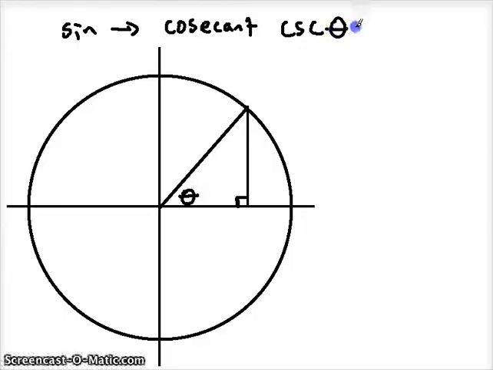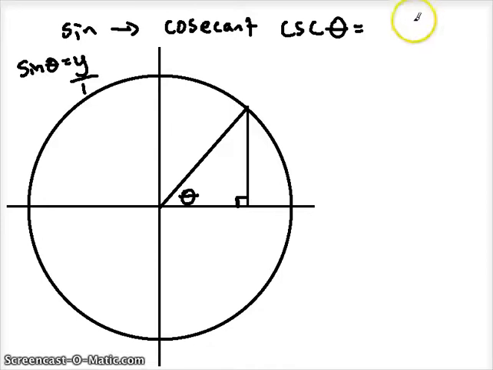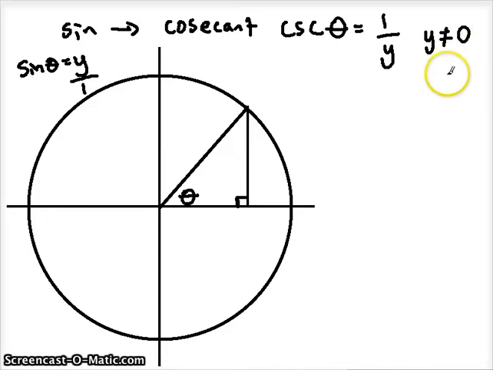So the cosecant of an angle is the reciprocal of sine. Remember that the sine of an angle is equal to y we just defined. So the reciprocal of that is just to flip it. We would write y over 1, right? So the reciprocal would be 1 over y. And again, we're going to define it so that y cannot be 0, otherwise it's undefined.